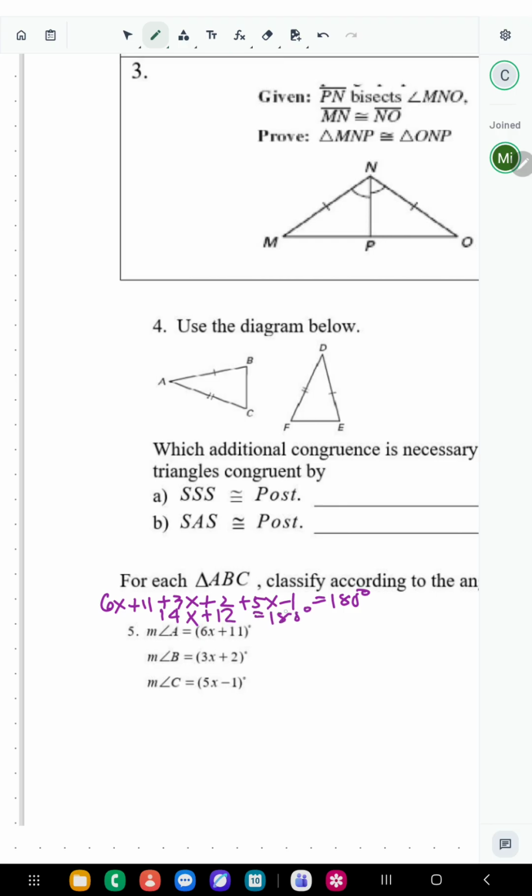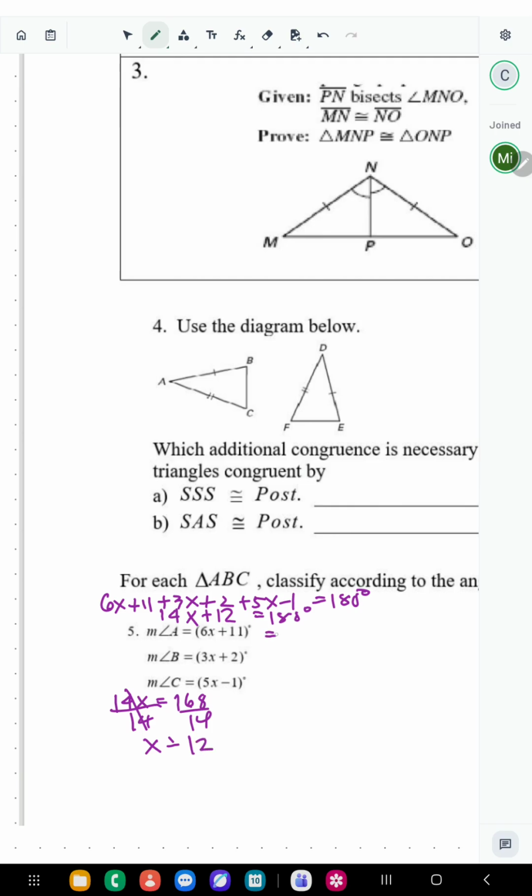So that is 14x plus 12 equals 180 degrees. What is 180 minus 12? 168. Divide by 14. Can you still see me writing here at the bottom? So x is 12.